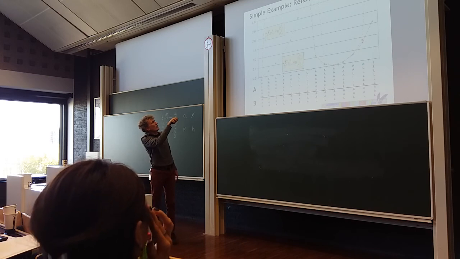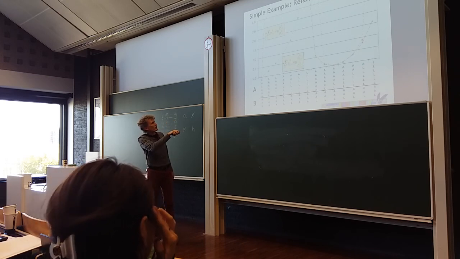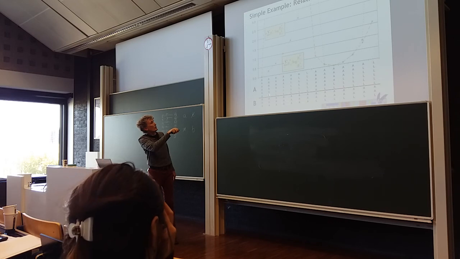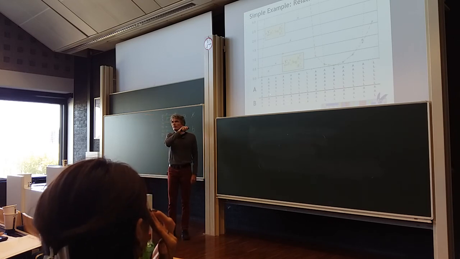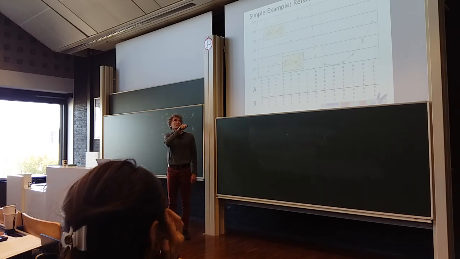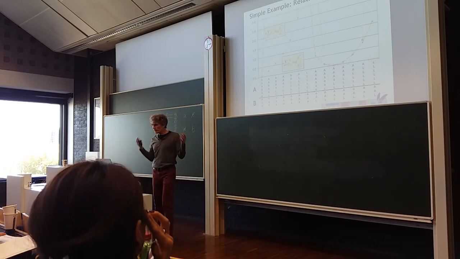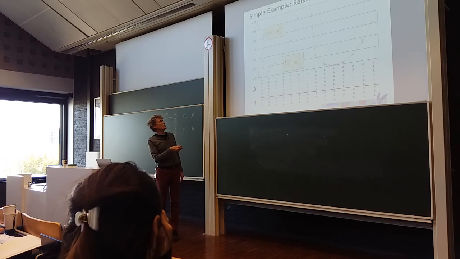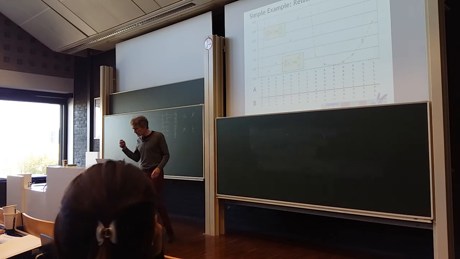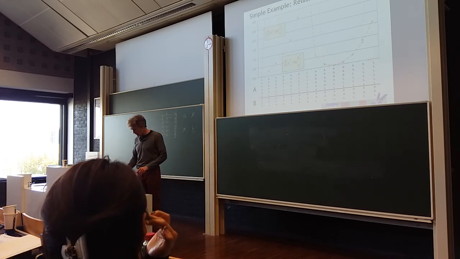This is A with B. If you compare B with A, then you don't have any frequency for leucine in group B, so you divide by 0. So this makes it very inconvenient to use in practice. There's tricks around that, but I don't want to go into that here.